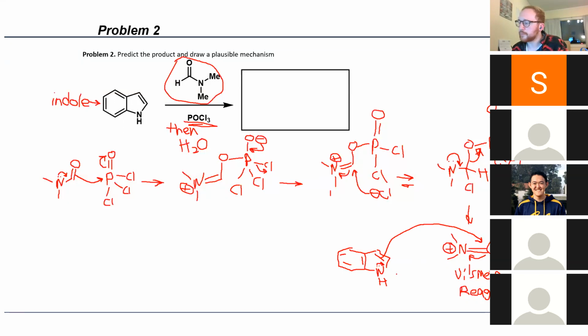And so the way we count indoles is 1, 2, 3, 4, 5, 6, 7. We skip these positions. And so the indole is nucleophilic at C3. We can talk about why in a little bit. And so it can attack our electrophile from the C3 position.